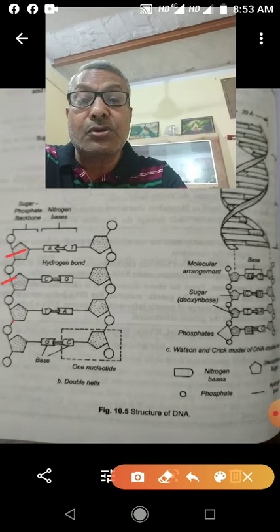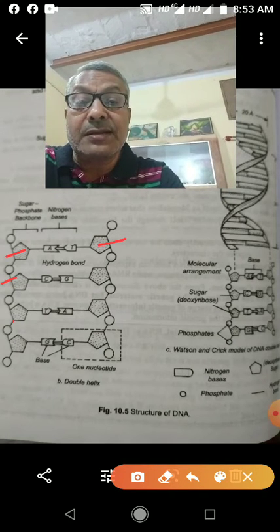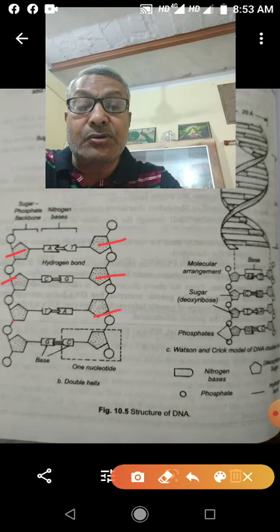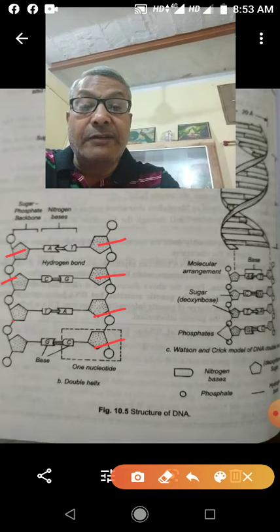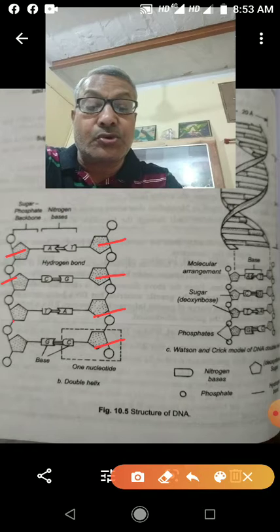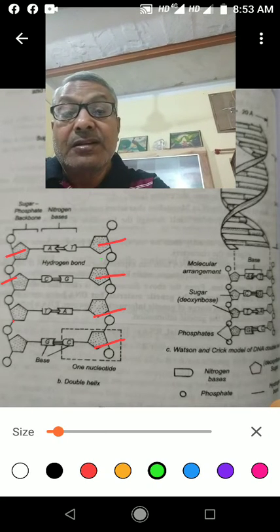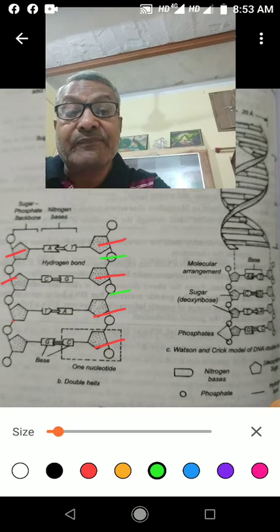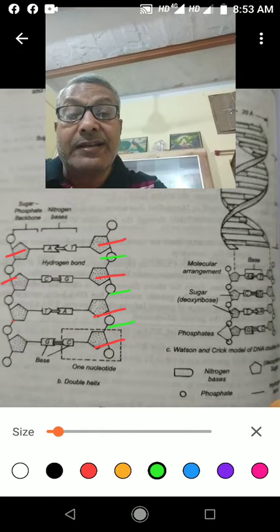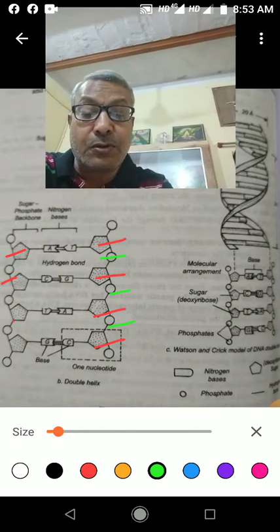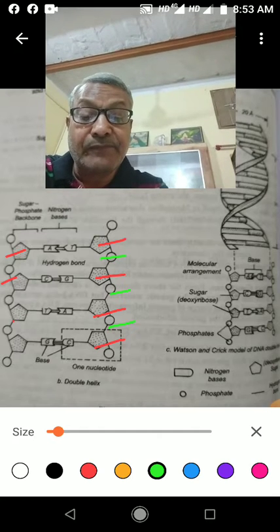These are the pentose sugars, and between two adjacent pentose sugars there is one phosphate, and they are joined by a phosphodiester bond.